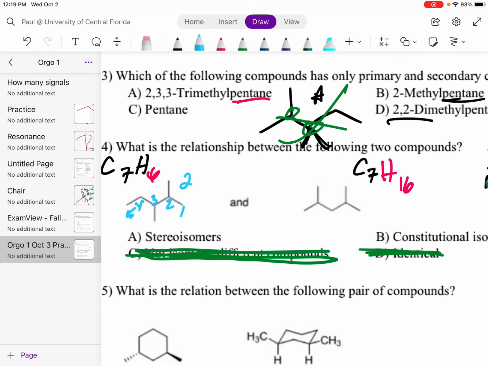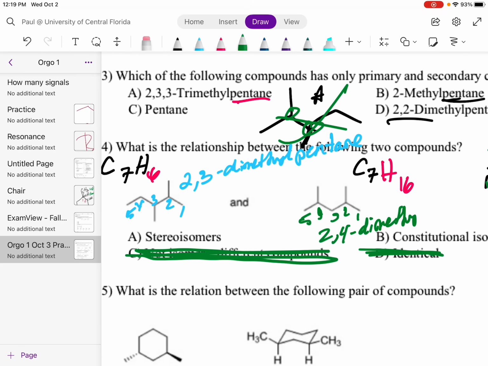So that's 2 methyl, 3 methyl, dimethyl pentane. And if we name the other molecule, that'd be 1, 2, 3, 4, 5, 2, and 4. So that would be a 2,4-dimethyl pentane.